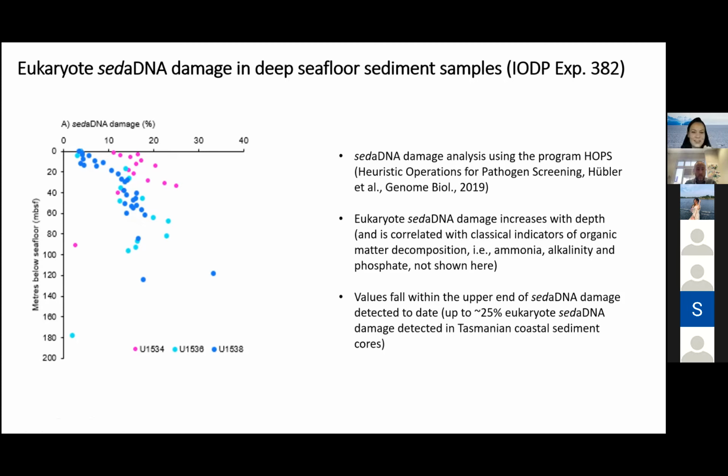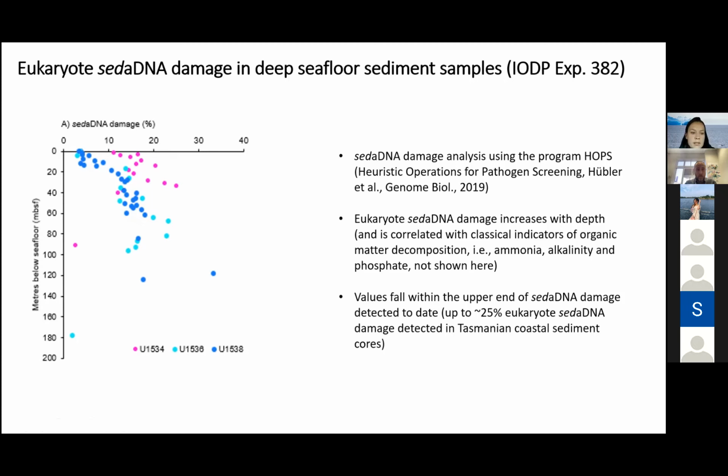This is all very interesting in itself, and much more could be done here to explore all these different little relationships, which would be really interesting. What we found is up to 25% eukaryote damage.